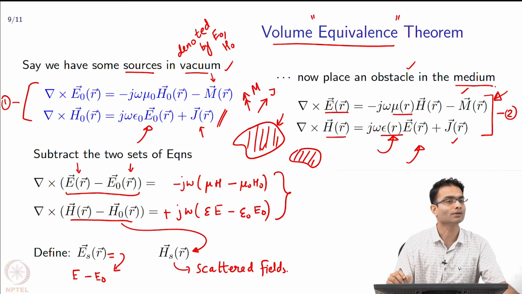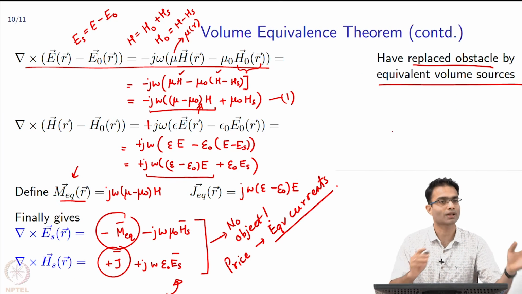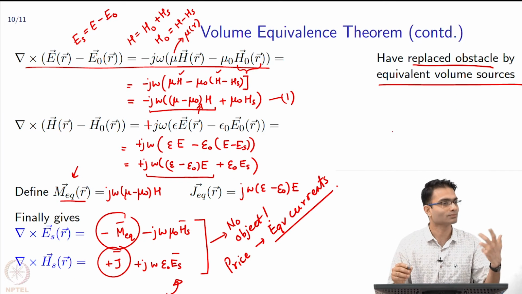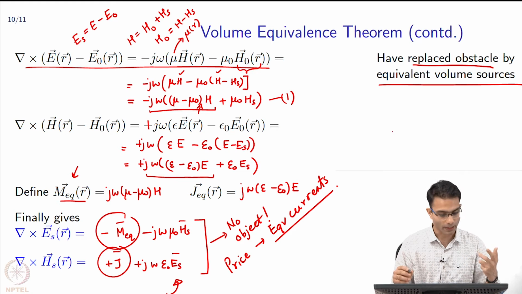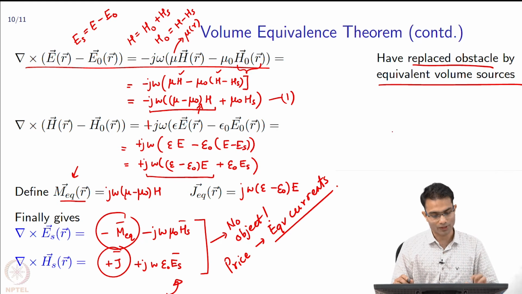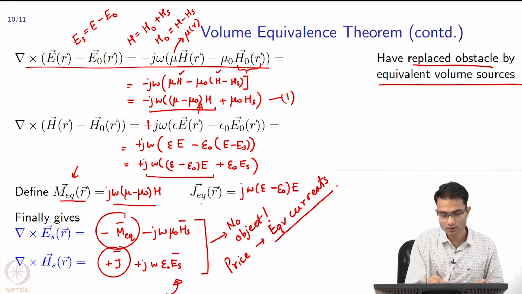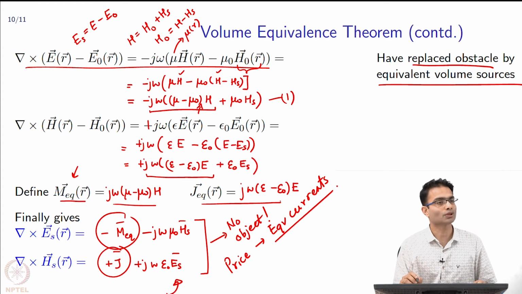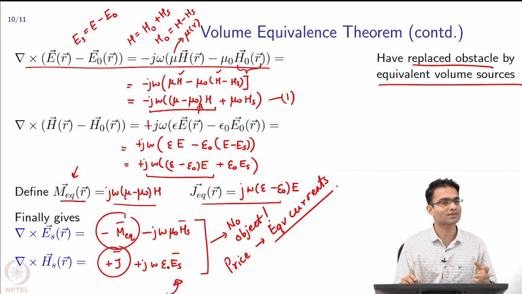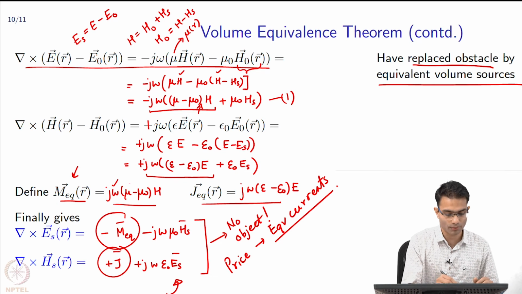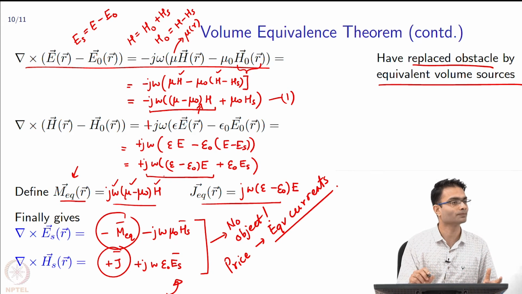So I have not actually solved the problem, I have just converted it into a form that is easier to look at. Once again, look at the definition of the equivalent current that I have. It contains something which I don't know. I know j omega (mu minus mu naught), but I don't know H, the total field.